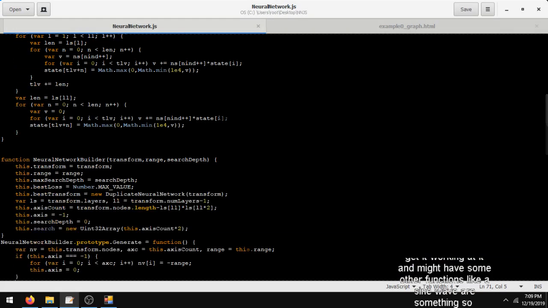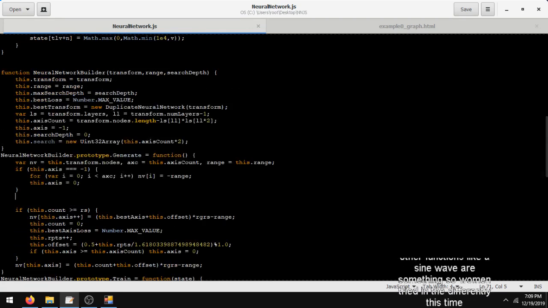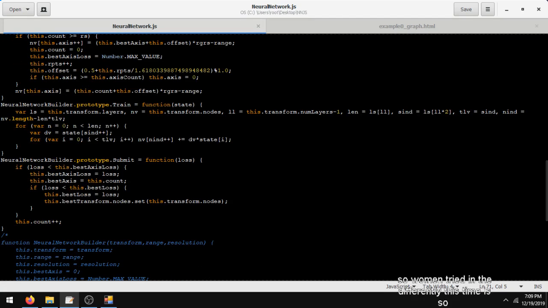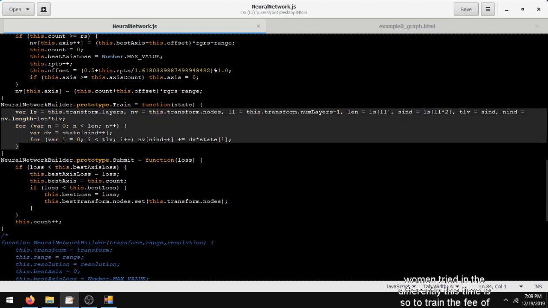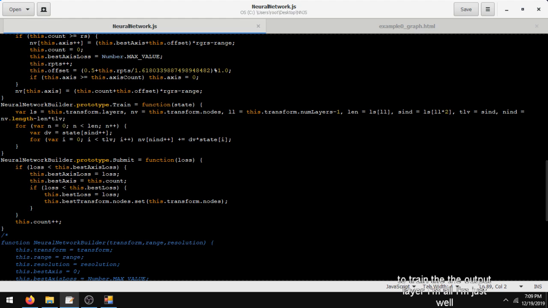So what I've been trying to do differently this time is to train the output layer. I figured out that you can just train the output layer with the derivatives perfectly. Basically, it's not convoluted at all.